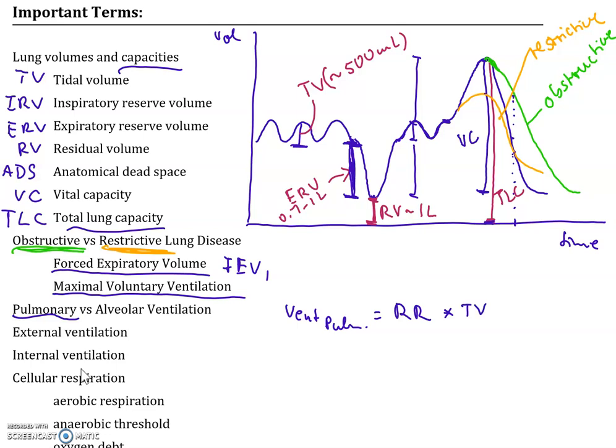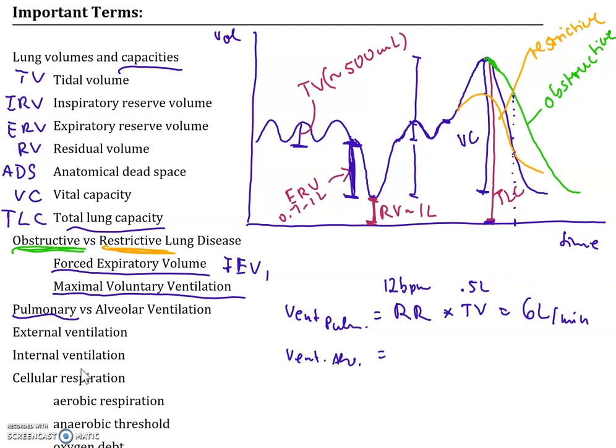For example, let's say you're taking 12 breaths per minute and your tidal volume is 0.5 liters. Then your pulmonary ventilation is 6 liters per minute. It's always per minute.